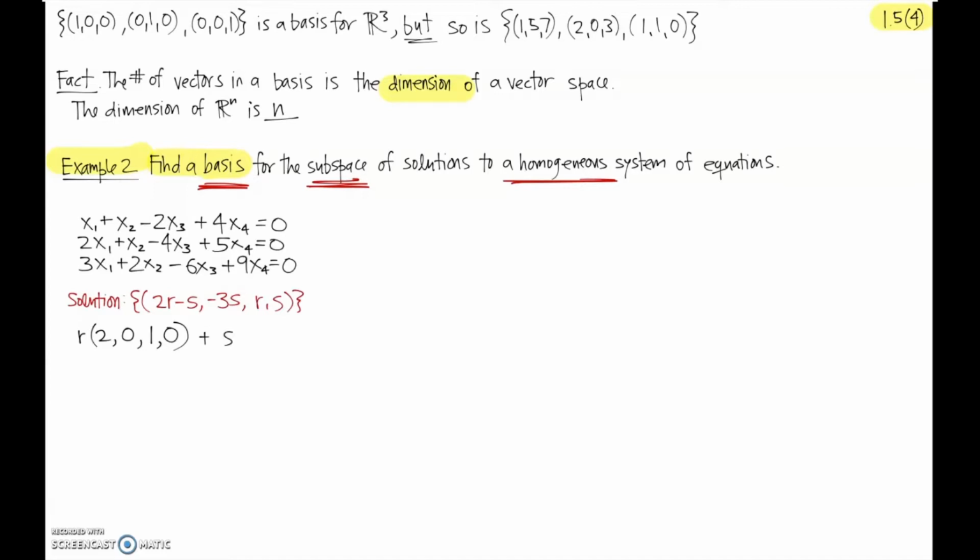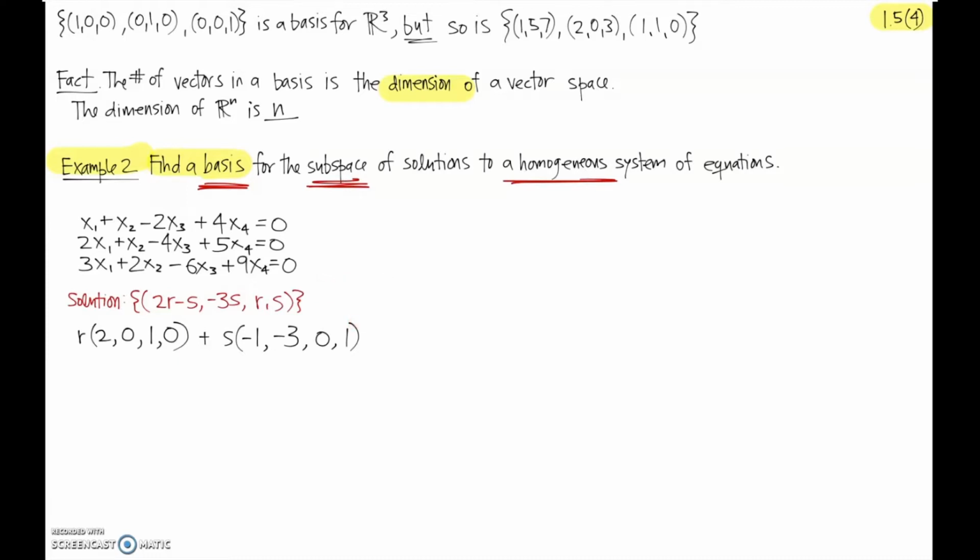At the same time, we'll pull out an s from each term, and the first term has a -1, the second term has a -3s, the third term has no s's in it, and the fourth term has 1 s in it. So hopefully it makes sense how we went from here to here.